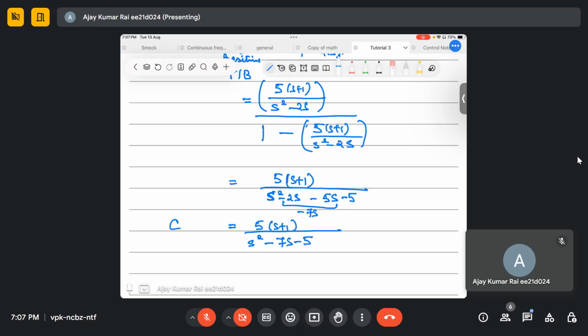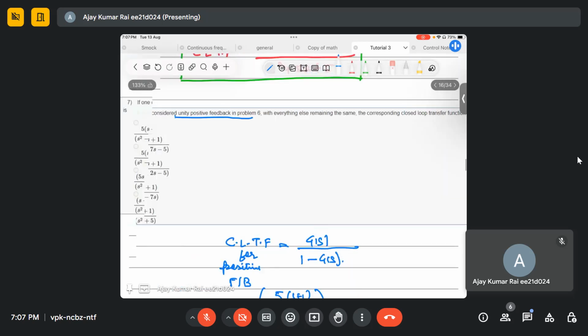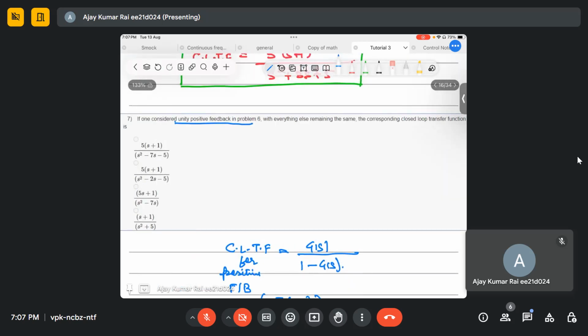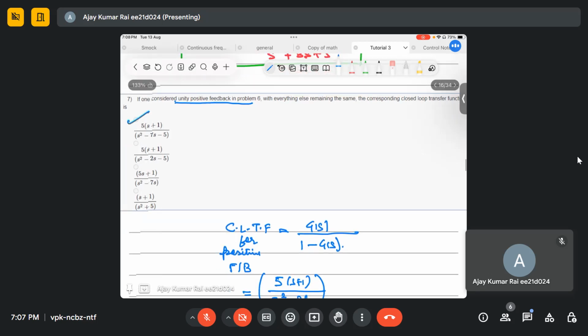So this is the closed loop transfer function for positive feedback: 5(s+1) divided by s square minus 7s plus 5. So the first option, 5 into (s plus 1) divided by s square minus 7s minus 5, is the correct answer for this.